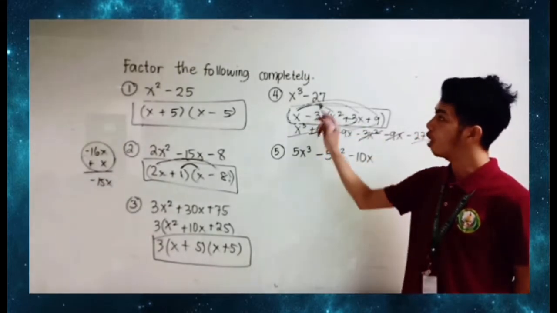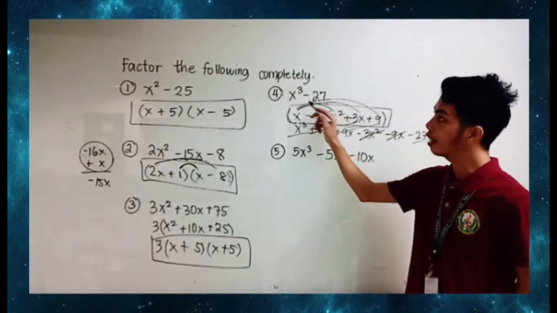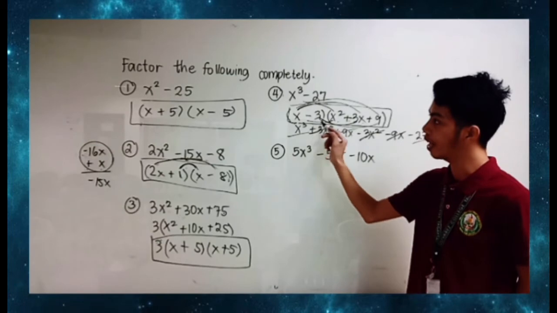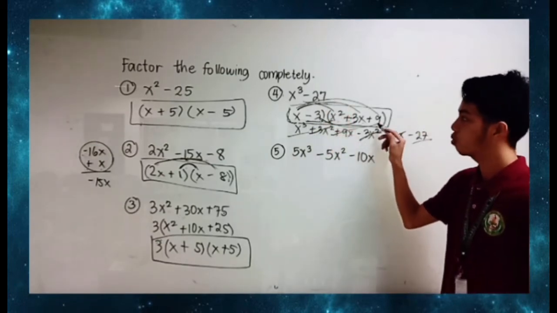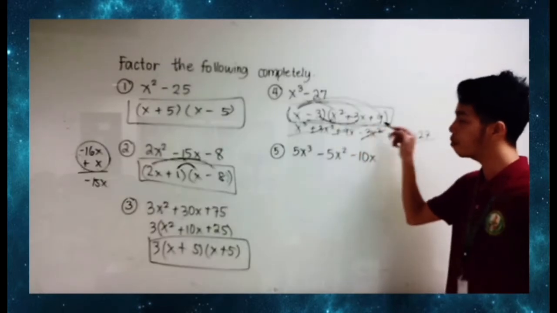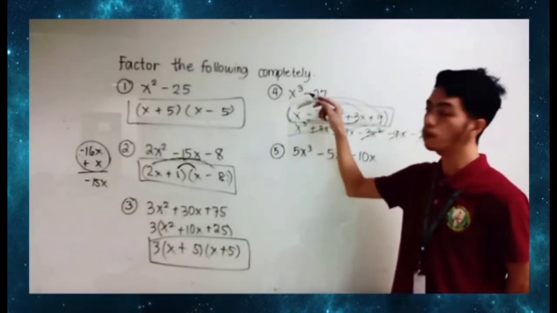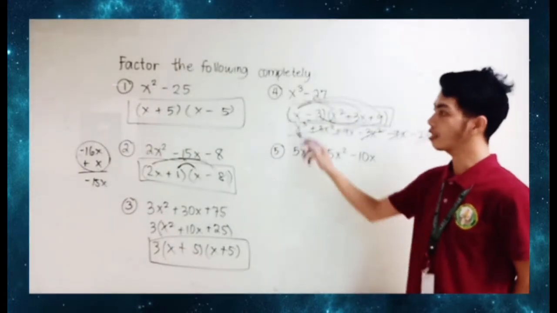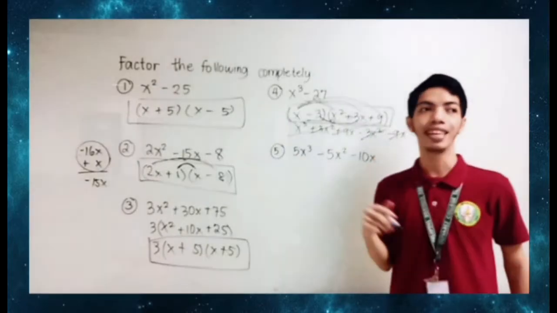Pagkatapos, yung ating third term, negative 27, i-divide mo kay negative 3. Pag dinivide mo siya, that is positive 9. So, ibig sabihin, this is your trinomial, x squared plus 3x plus 9. So, ang factor ng x cubed minus 27 is x minus 3 times x squared plus 3x plus 9.